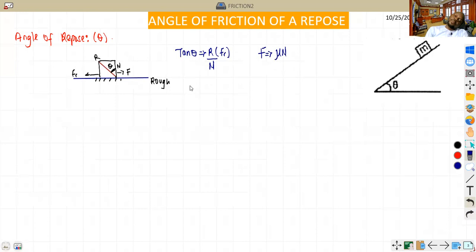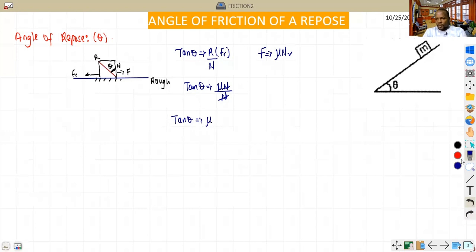Going directly from that, we have tan theta equal to frictional force, which is the net contact force acting here, equal to mu N. I just substitute, divided by N. What happened? N gets cancelled out.